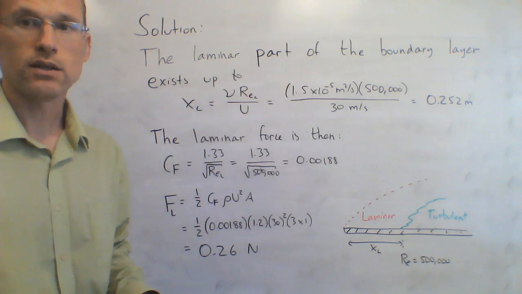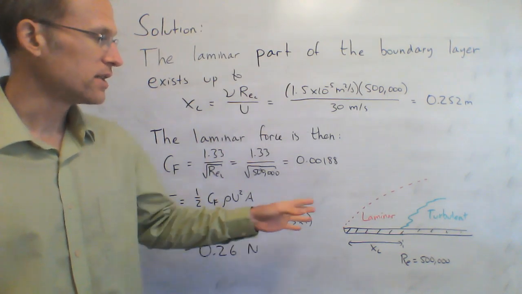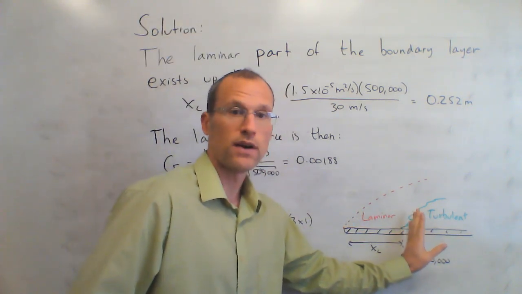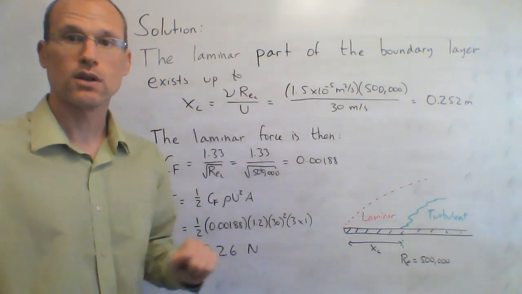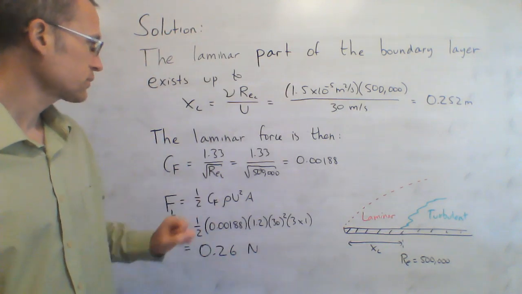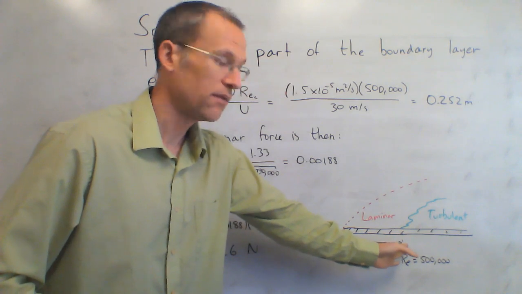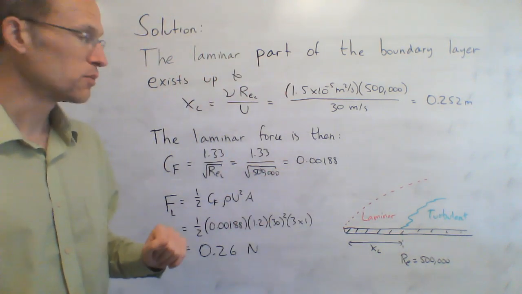So to find the laminar force, basically what I can do is pretend that instead of this plate being 3 meters long, it's only 25 centimeters long, because if it was, that's exactly the force that it would have. So with that, I can get my force coefficient. I know my Reynolds number at the end of this 25 centimeters is 500,000, because that's how I got that number to begin with.